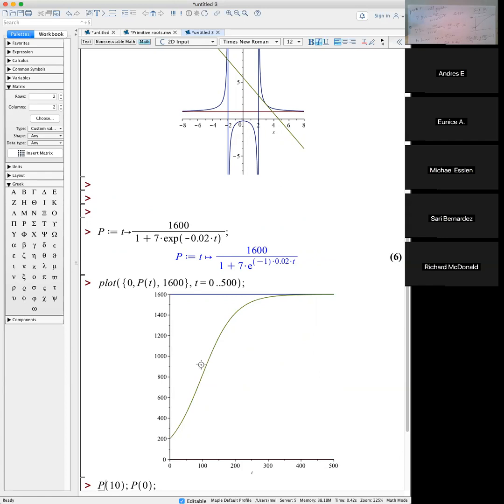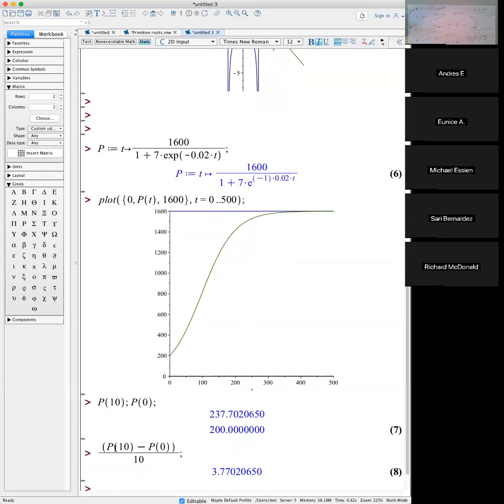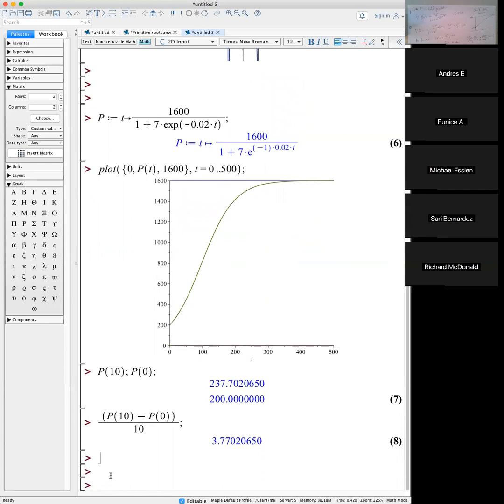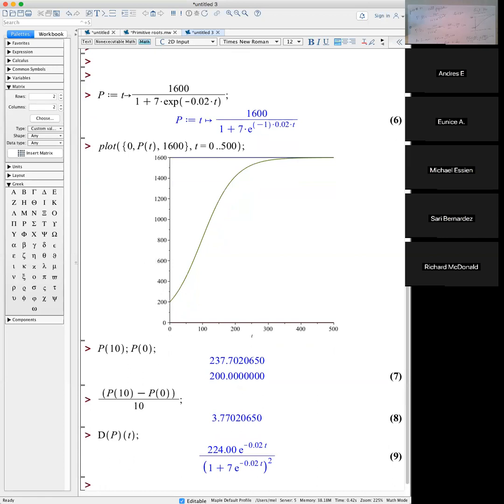This computes the rate of increase of this population. Well, that's just the derivative of the function p at time t. That's the derivative. What does that look like? Let me plot this.